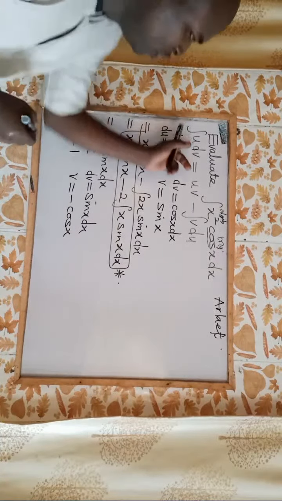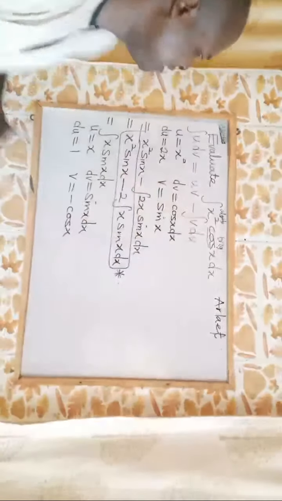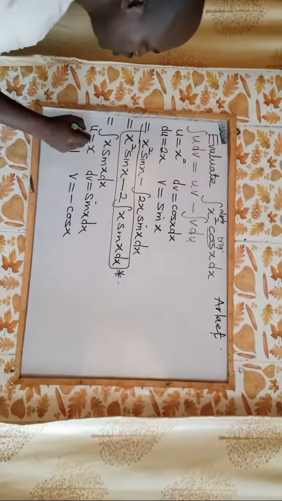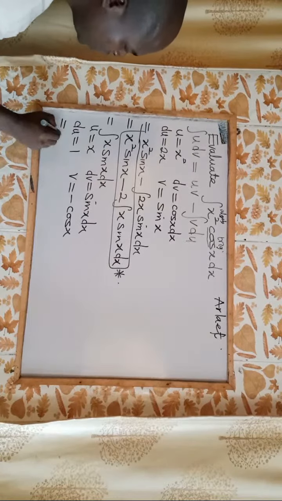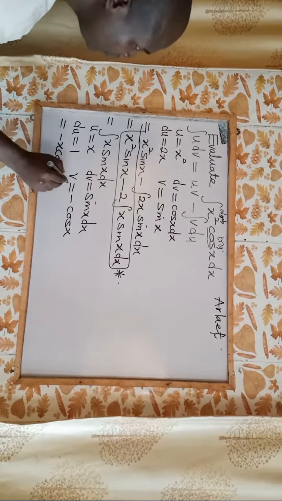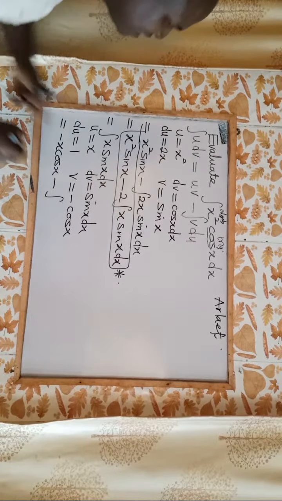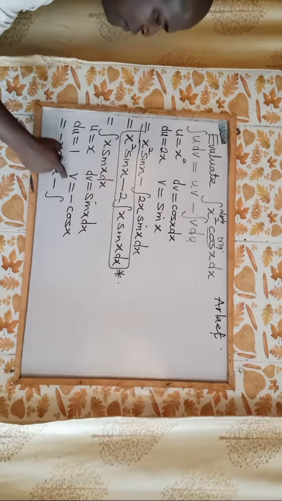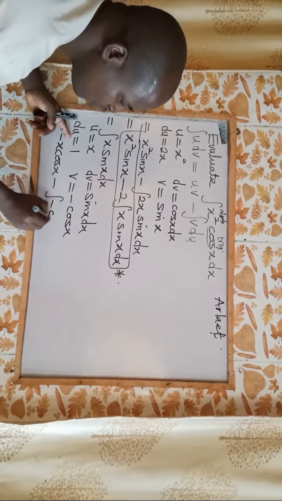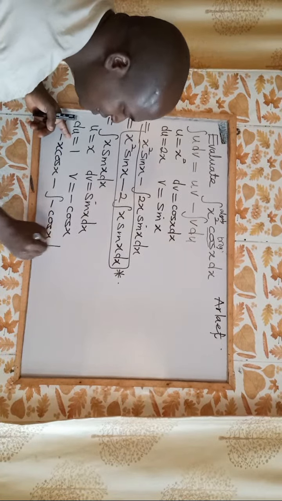So when we use the formula to get an answer, we have uv, which will give us minus x cos x. Then uv minus integral v du. Our v is this, then our du is this, so we have minus integral of minus cos x dx.